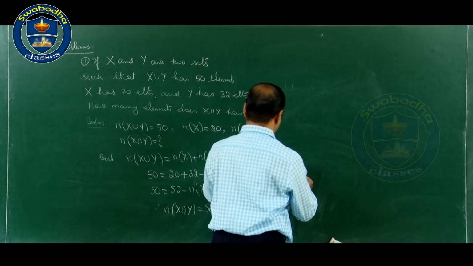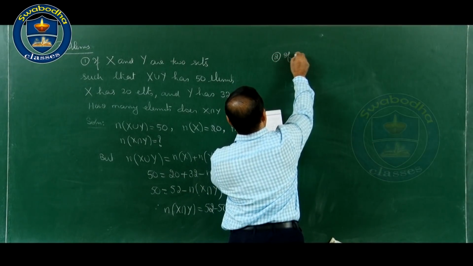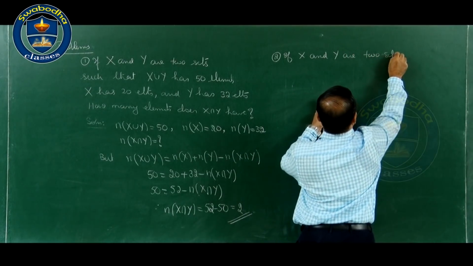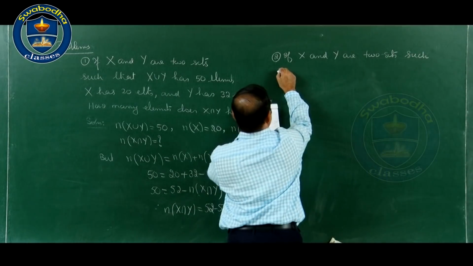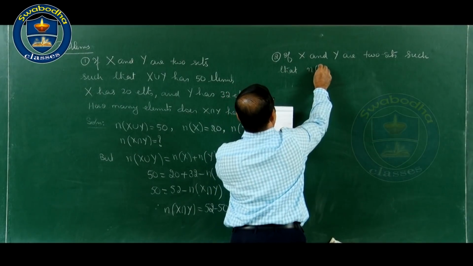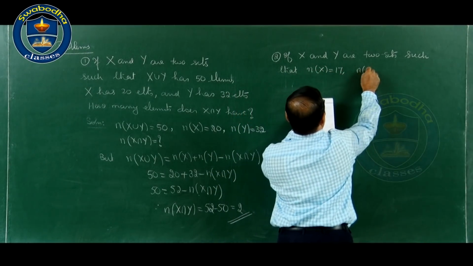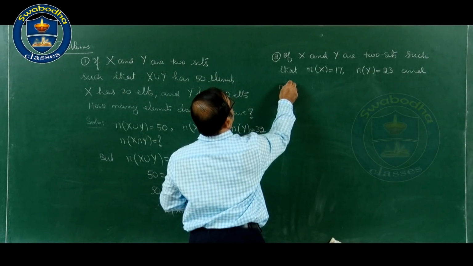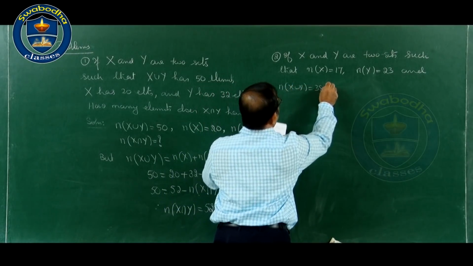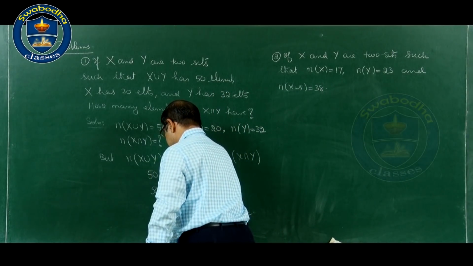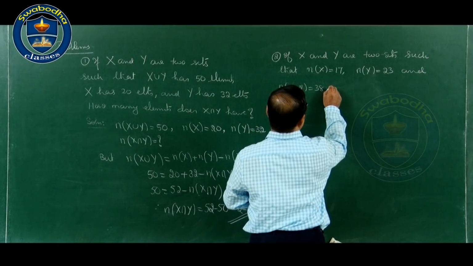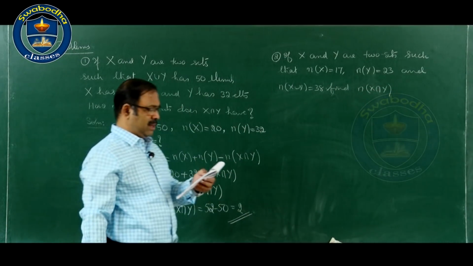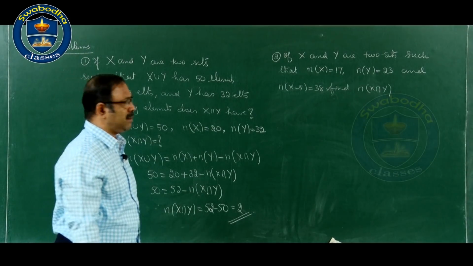Say, if x and y are two sets such that n of x equal to 17, n of y equal to 23 and n of x union y equal to 38, find n of x intersection y.